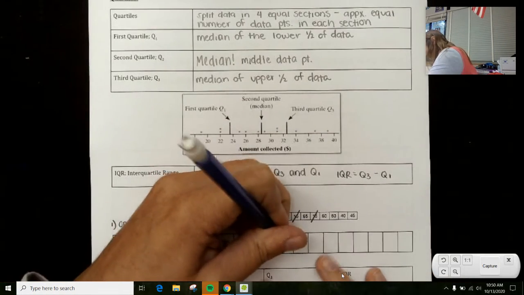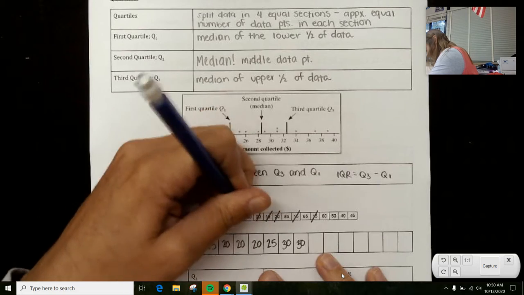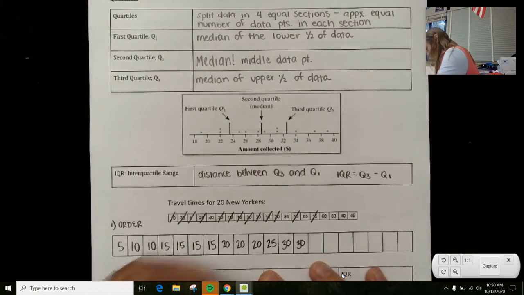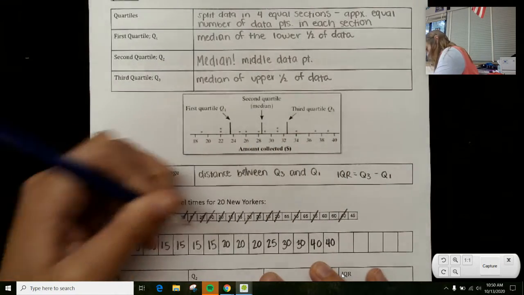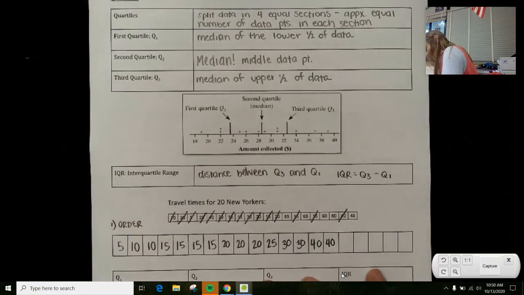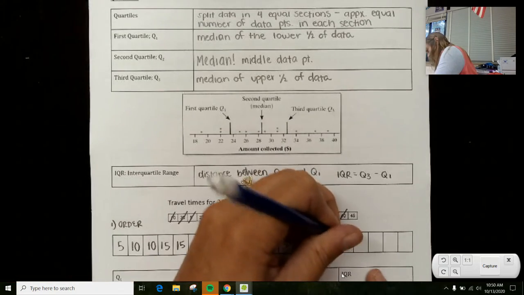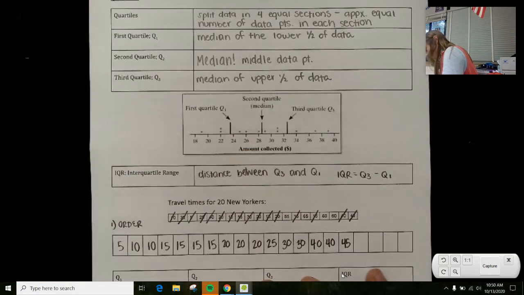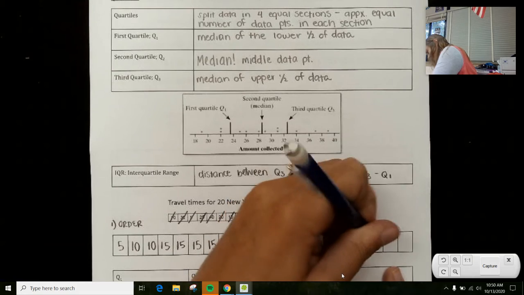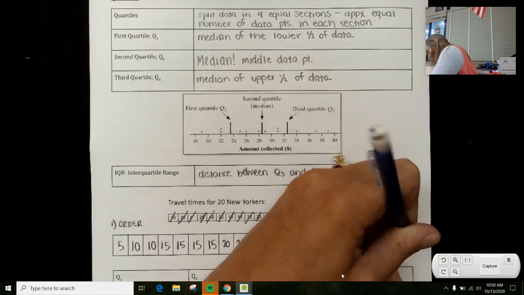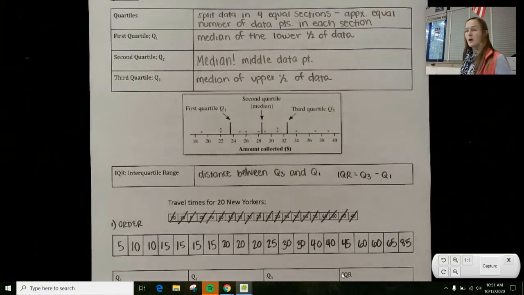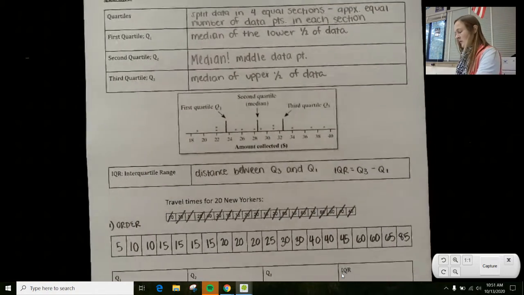Then I've got 30, 2 30s, 2 40s, 45, 60, 60, 65, and 85. All right, so I've crossed each one off. So here I have them in order.